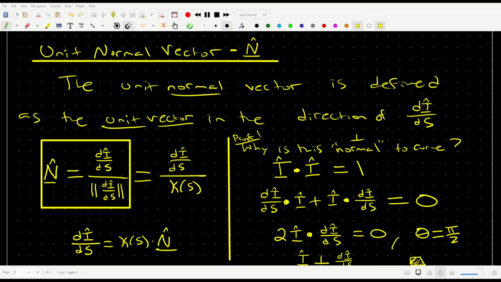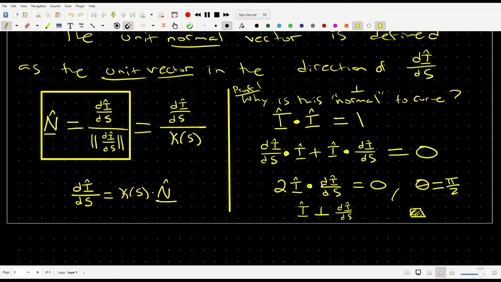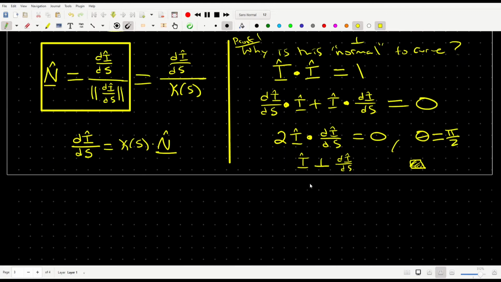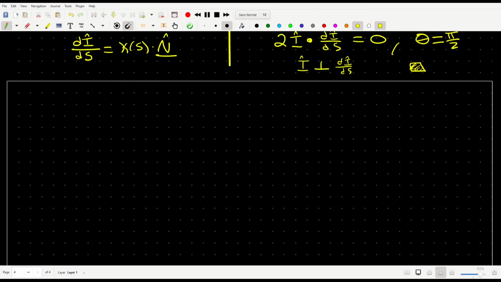And now that we've seen this, we can go through and directly investigate what the acceleration vector looks like for any given curve. Specifically, we define the acceleration vector as the second derivative of the parametric curve with respect to the parameter.